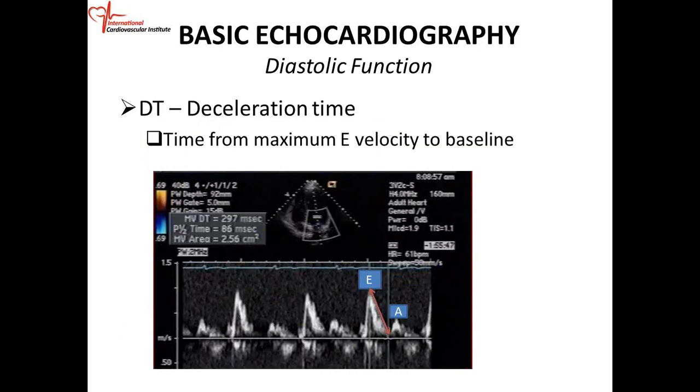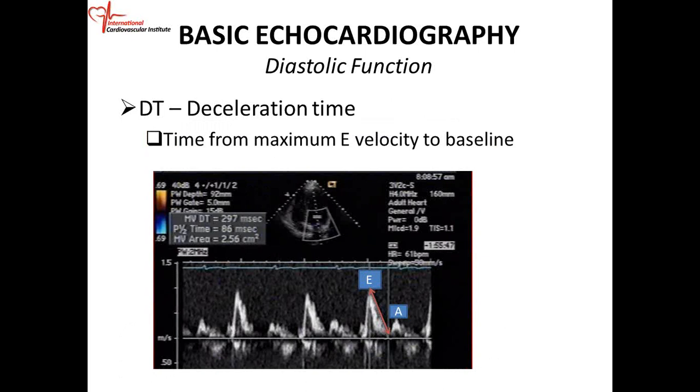Again, the deceleration time is from the peak E to the baseline. The computer gives you all the readings. So this is the deceleration time, 297 milliseconds, and the pressure half time. You need to know the relationship between deceleration time and pressure half time, especially for those who are doing exams shortly.